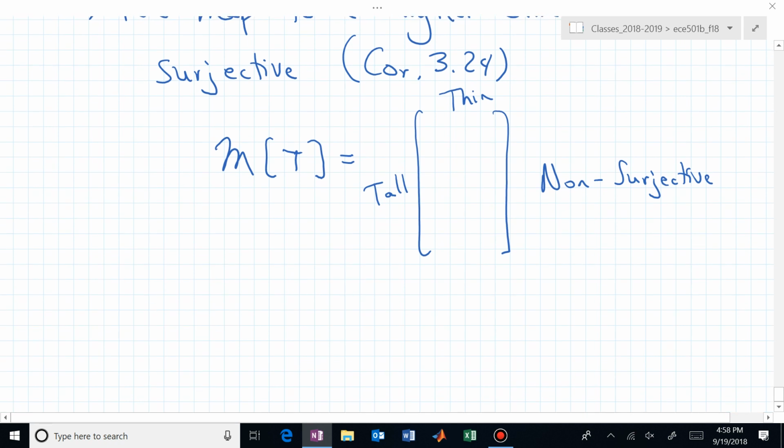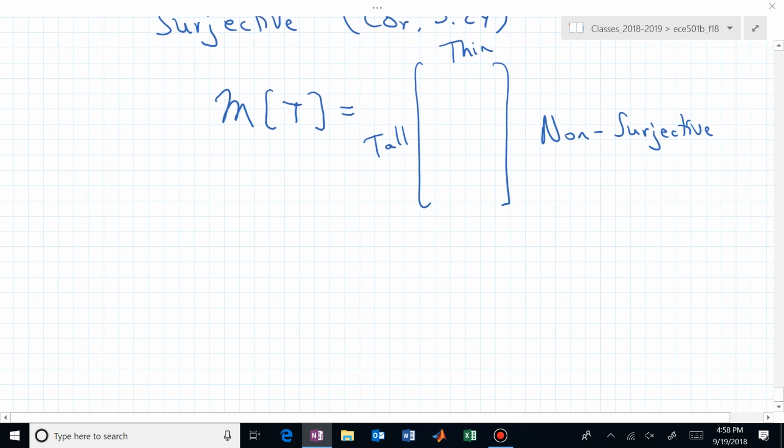So if we combine those two, we can't be short and wide. We can't be tall and thin. What can we be? We have to be Goldilocks, right? We have to be just right in terms of dimension.